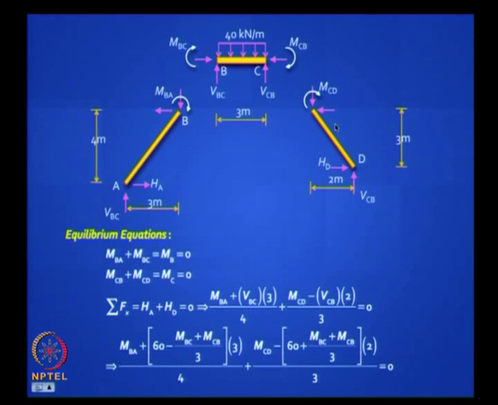HD will be MCD minus, this VCB goes here and gives an anti-clockwise moment, minus VCB into 2 divided by 3. Then the V itself you have to now express in terms of MBC, MCB and the loading. That's the catch. Does this make sense to you?